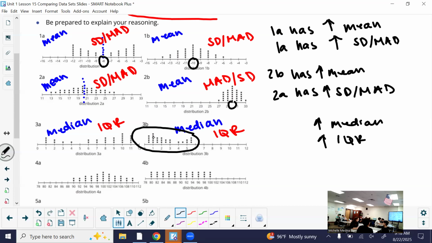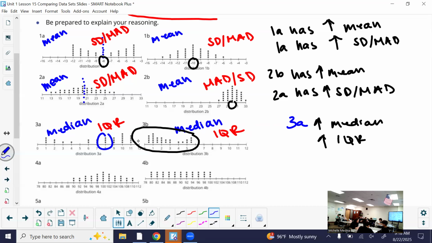I haven't done the math, but the data is all shifted to the left. The median for 3A is going to be around maybe 7, 8, maybe even higher. So you could actually do the math because it's a dot plot and you can compare in the calculator if you need to. But 3A will have the higher median. So the data shifted more to the right. The middle is more to the right.